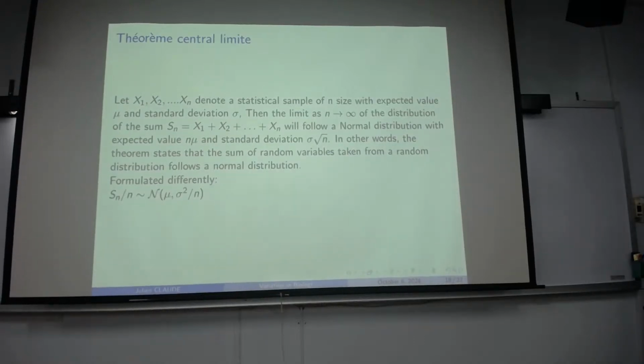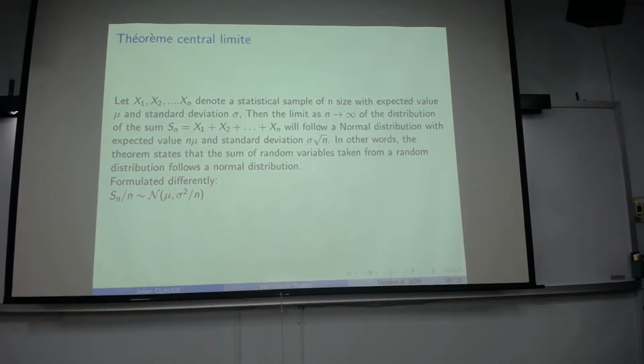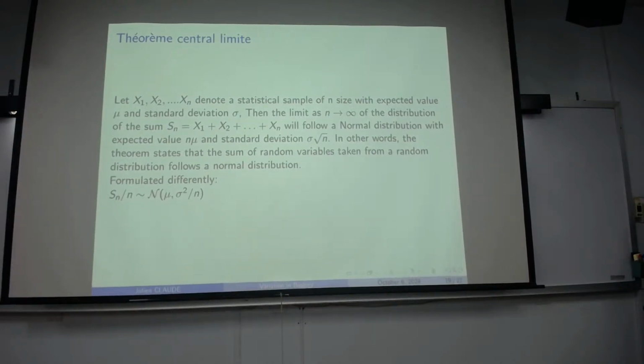Imagine that on average, the measurement in my distribution is a value that I know. This value, I will call it mu, the Greek letter mu. So I know the average for the population. But imagine that I am just subsampling that population and I'm going to sum up n values. If I sum up these n values, the expected value of the sum will be n mu. This is, I would say, rather intuitive.